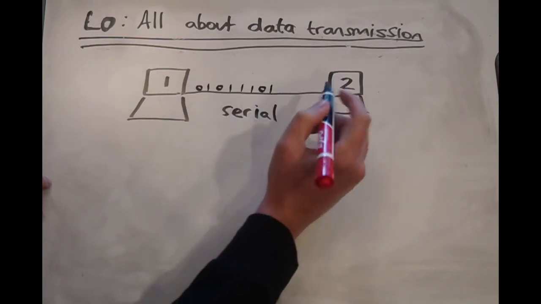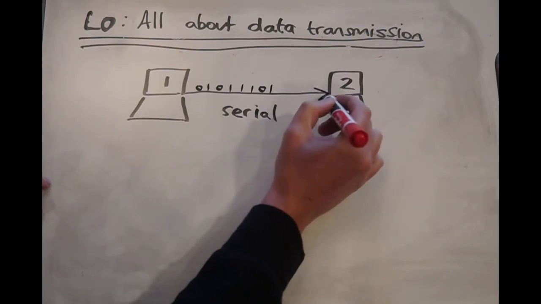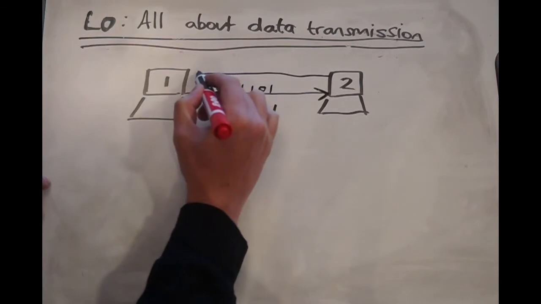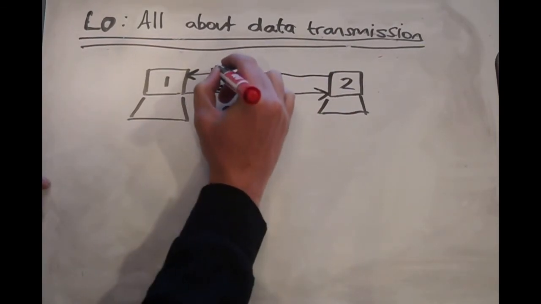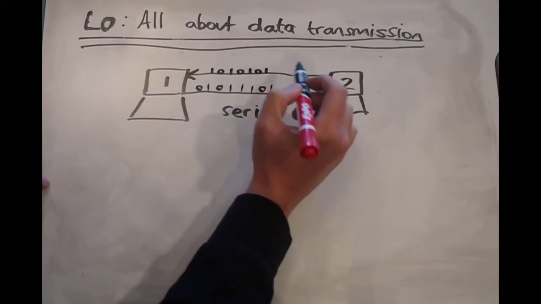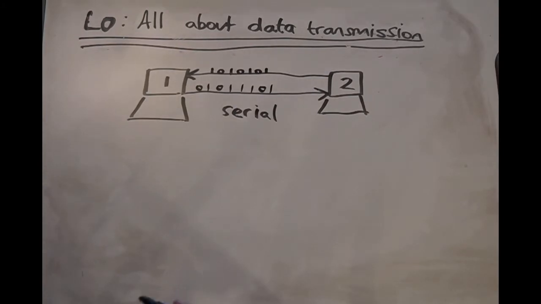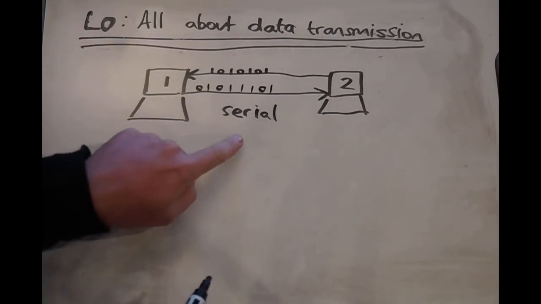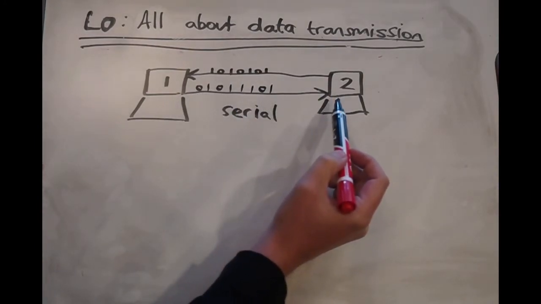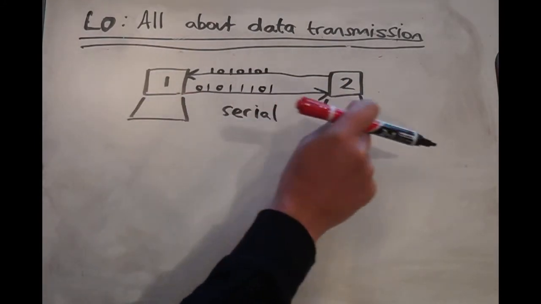And it would travel this way. Maybe we might have another wire that would allow us to transmit data this way. But basically the data is traveling one bit at a time, and that's called serial data transmission, where the data travels one bit at a time along one wire.